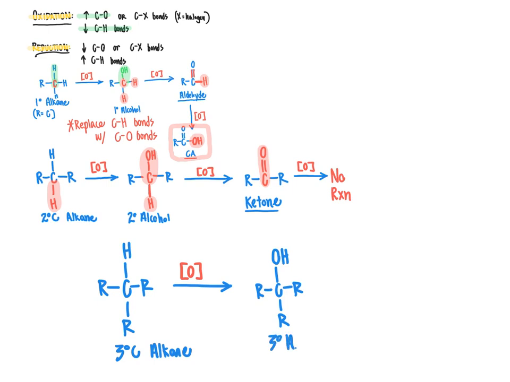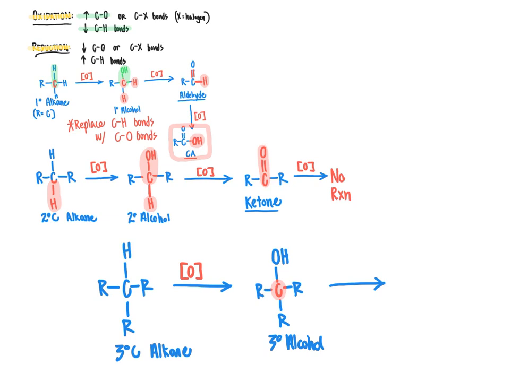And then we ask ourselves, can we further oxidize this tertiary alcohol? In the scenarios above where we start with primary or secondary alcohols, we are able to convert the hydroxy group into a carbonyl group by replacing a carbon-hydrogen bond with that extra bond to oxygen to give the carbonyl product. Here, when we start with a tertiary alcohol, we have no more carbon-hydrogen bonds available at the carbon that's reacting.